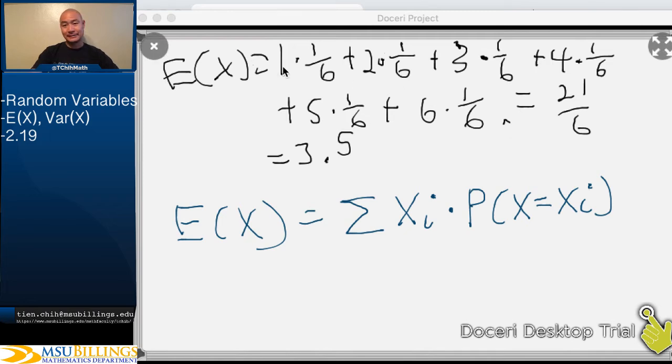On the other hand, if the die was weighted low and say 1 was more likely than all the other numbers, then all these other 1/6s become something smaller. The 1/6 here becomes bigger, and now 1 is the biggest contributor to the sum, so the overall average should become smaller, right?